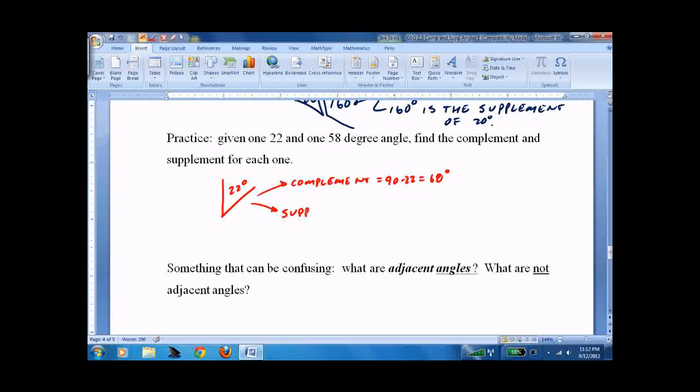Supplement equals 180 minus 22 equals 158 degrees.